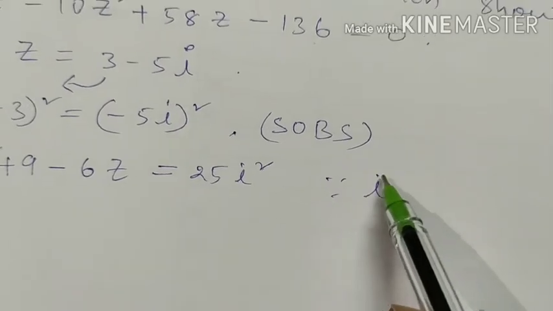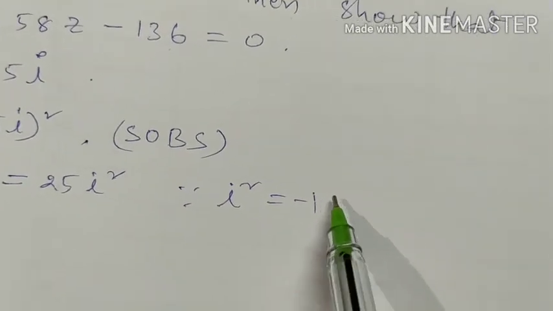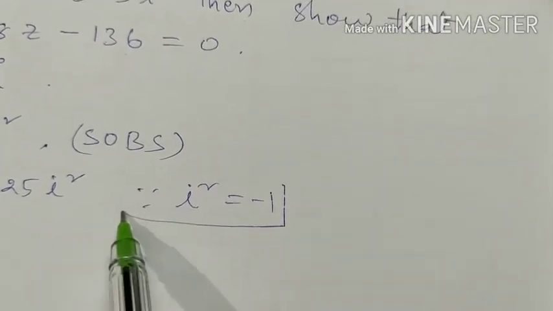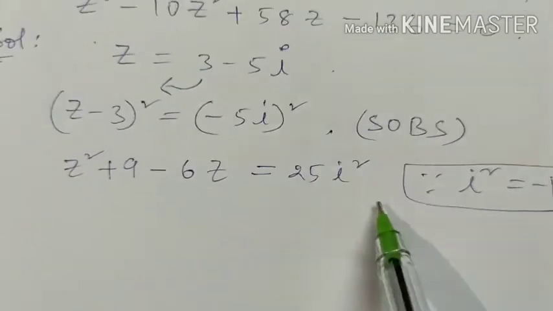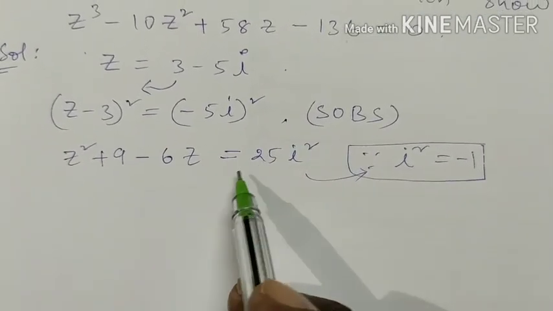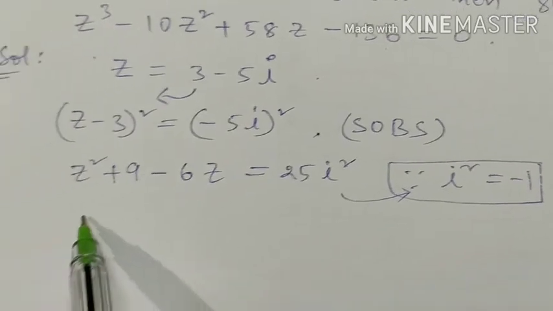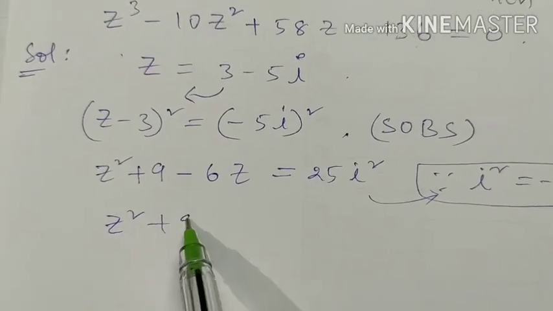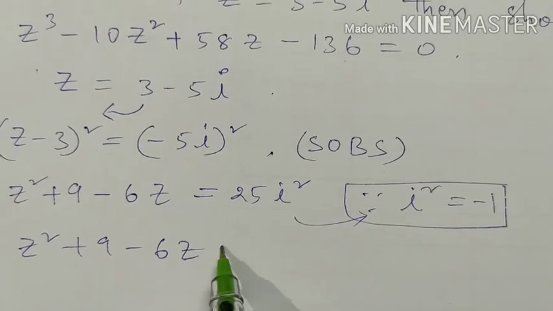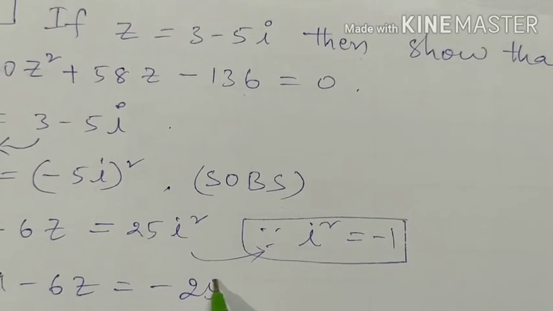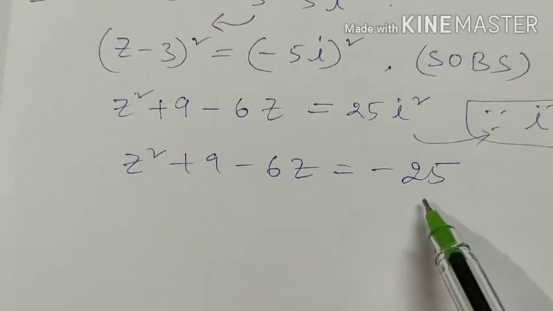Since i square is minus 1, this becomes minus 25. So z square plus 9 minus 6z is equal to minus 25.